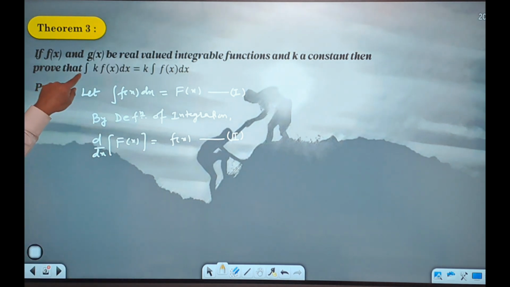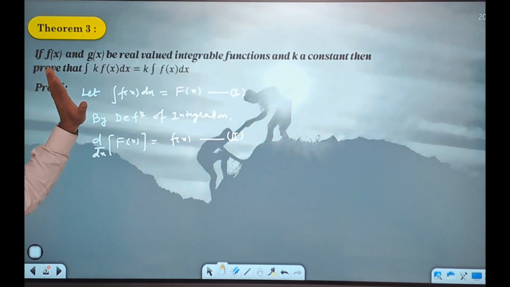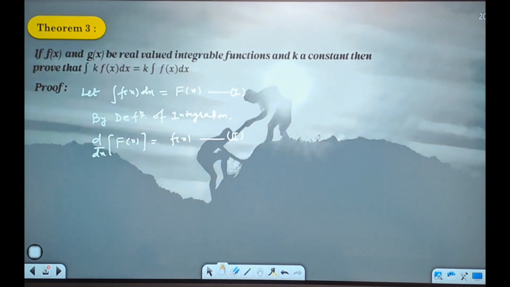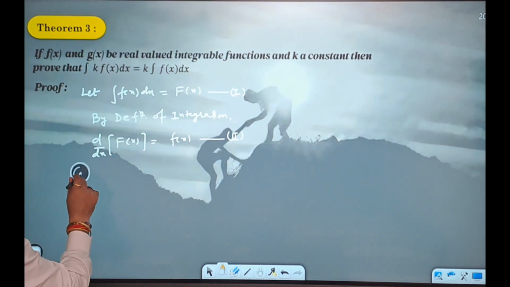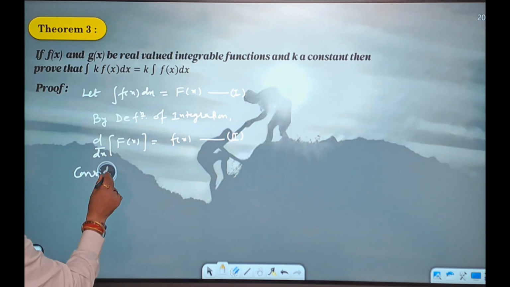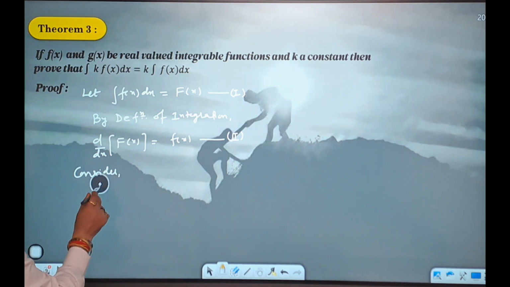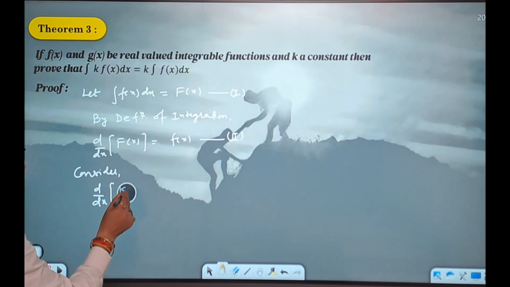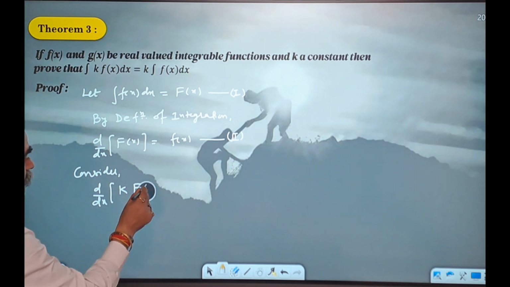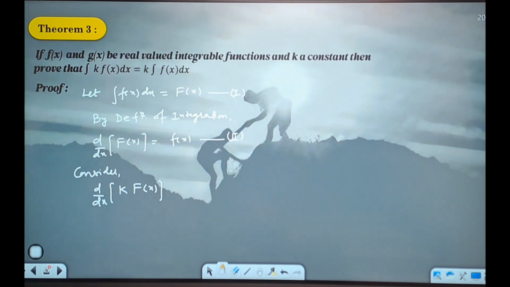Here we are finding integration of k times, so we will go for derivative of k times. Consider d by dx of k times capital Fx.